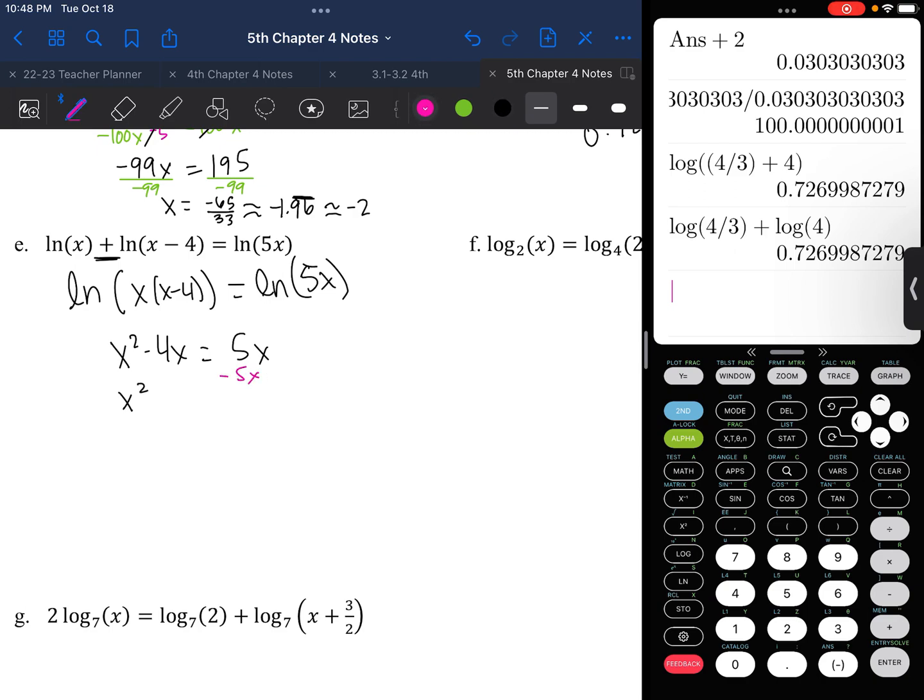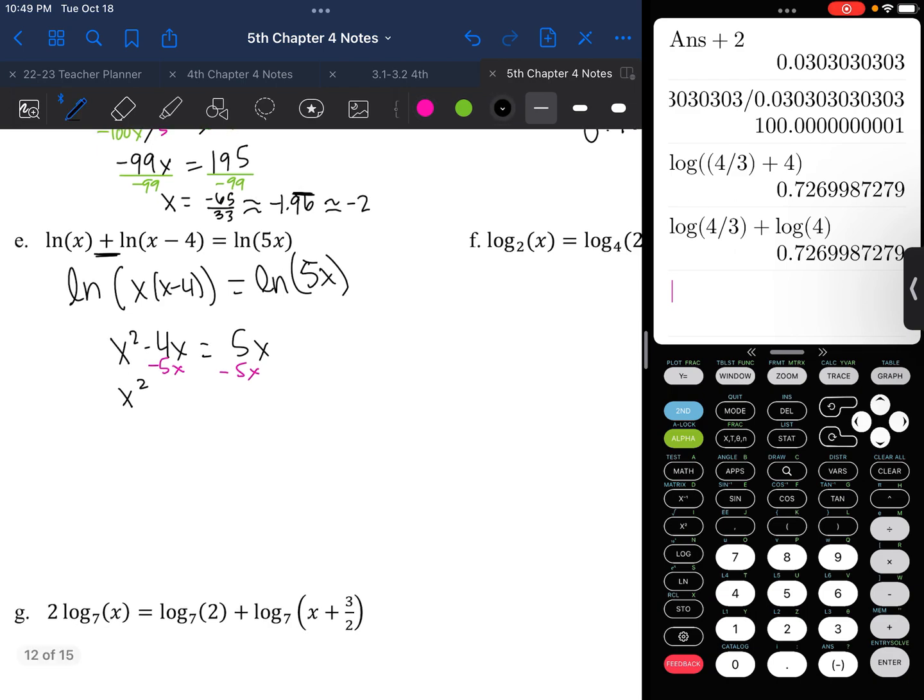If we subtract 5x from both sides, negative 4x minus 5x would be negative 9x equals 0. Which implies that x times x minus 9 is 0, which means that either x equals 0 and or x minus 9 equals 0, which is x equals 9.